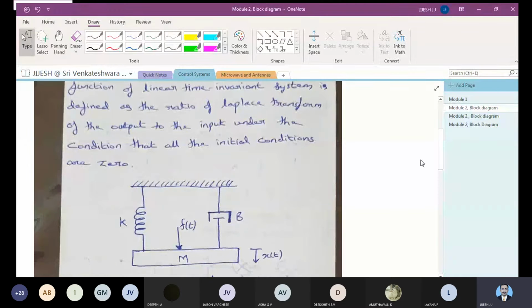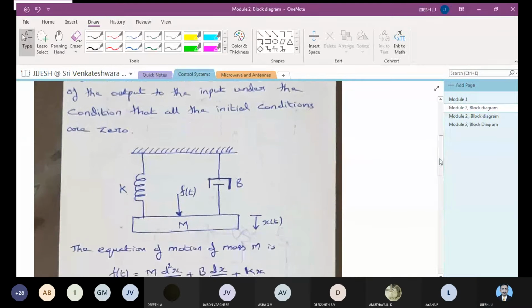So it's a very simple diagram. So the same way you have to write the equations for f of t.